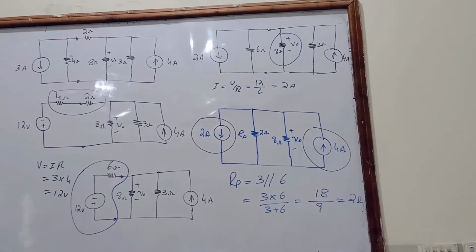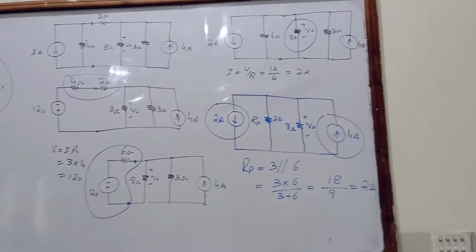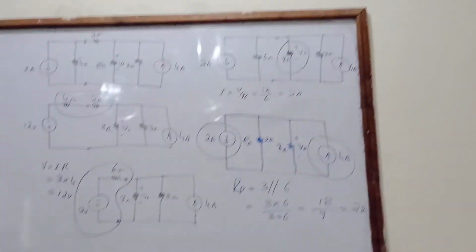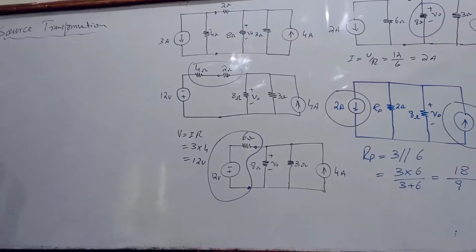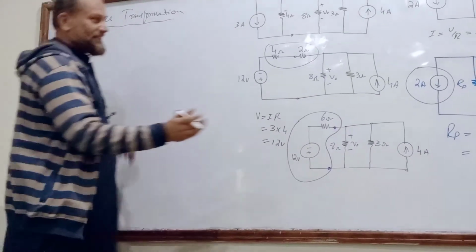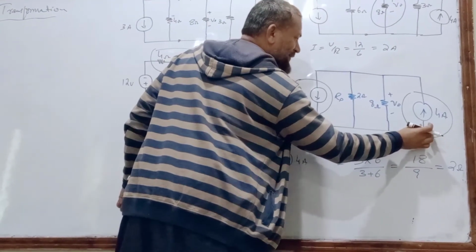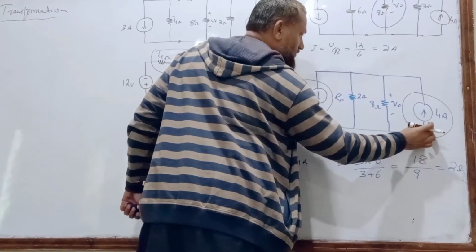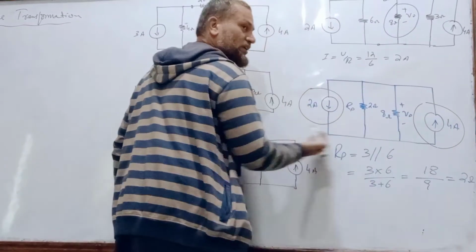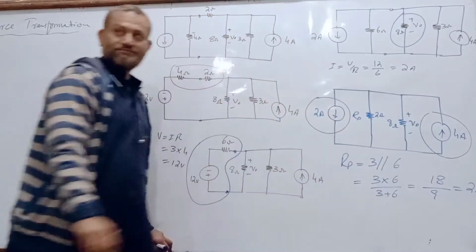Now the circuit is getting into an interesting phase. Can I connect this source of current with this parallel? Now all four are in parallel.